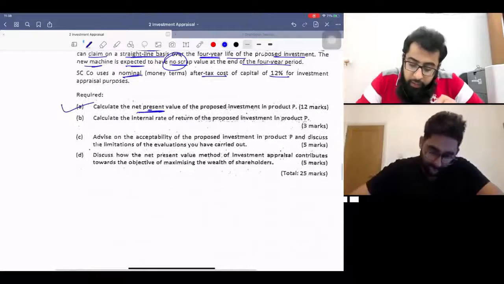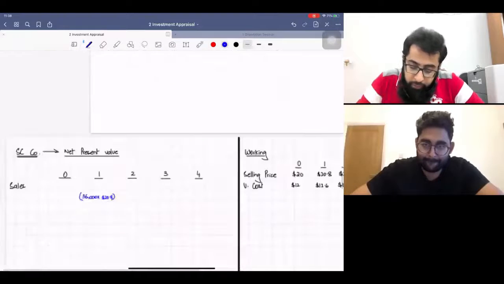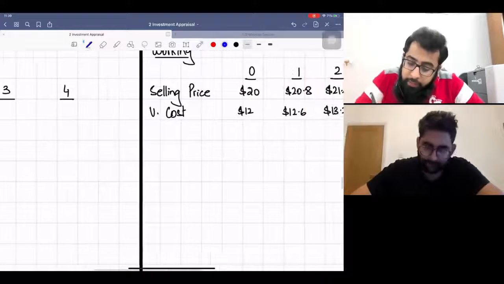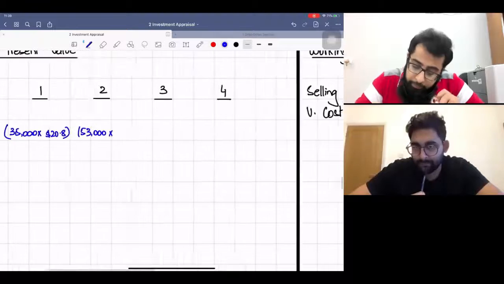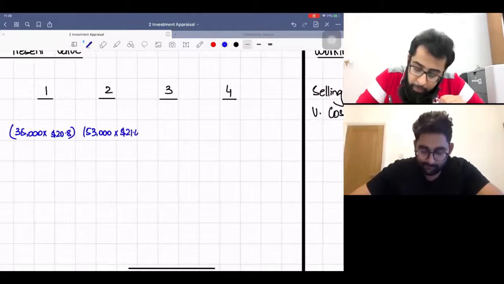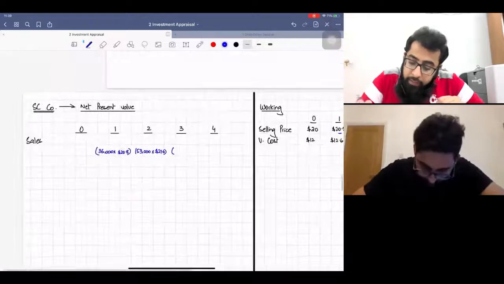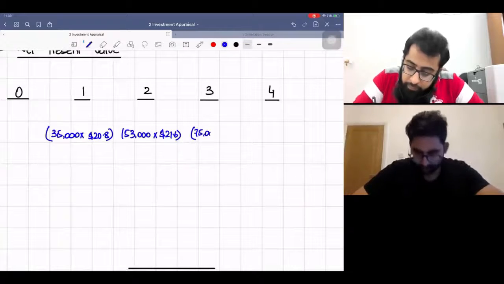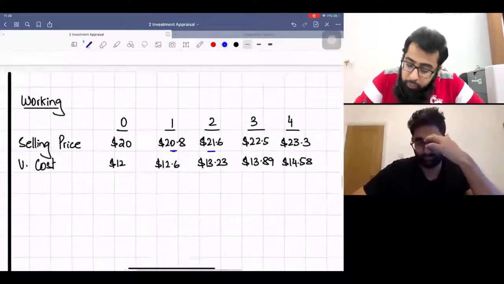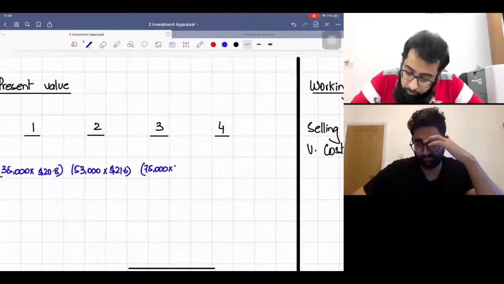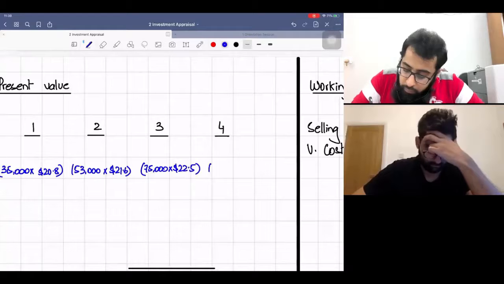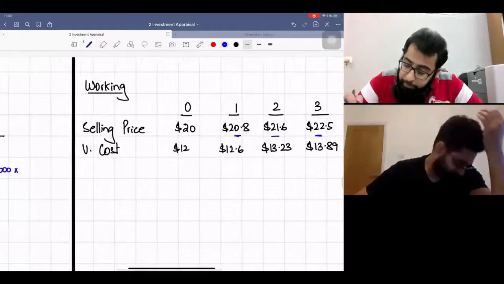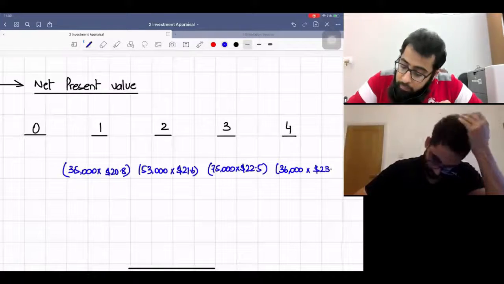Then the second year units are 53,000 multiplied by the selling price of 21.6. Then the units are 75,000 multiplied by 22.5, and 36,000 units multiplied by 23.3.